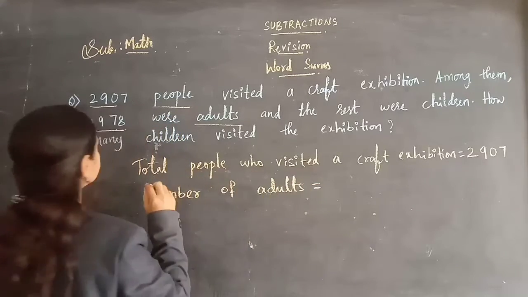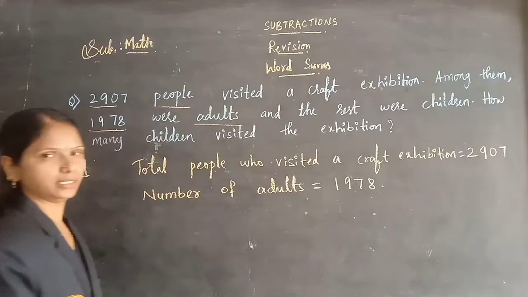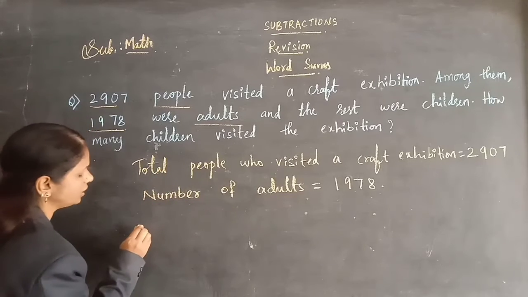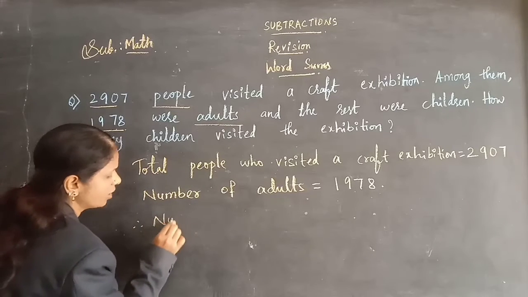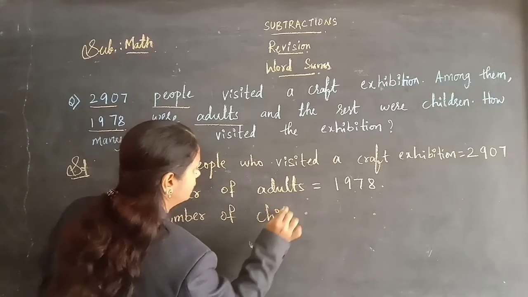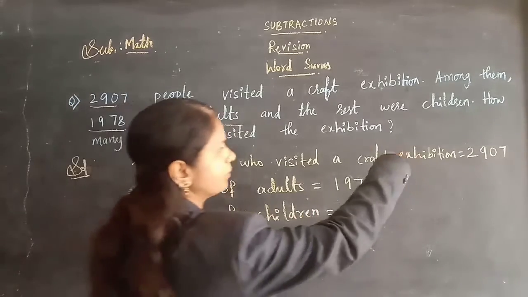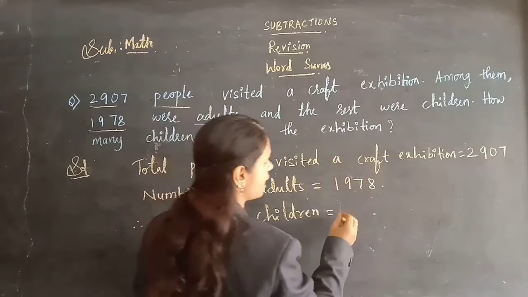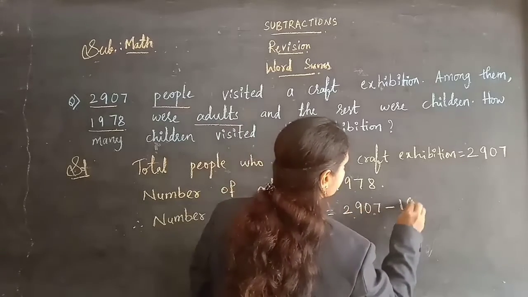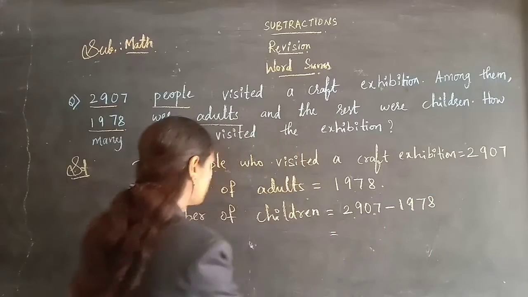So how many adults are there? 1978 members are adults. Now the rest are children, no? Now we need to find the number of children. How will you get children? From the total strength, you need to subtract the adults number. So 2907 minus 1978. Come on, let's do the subtraction here, children.